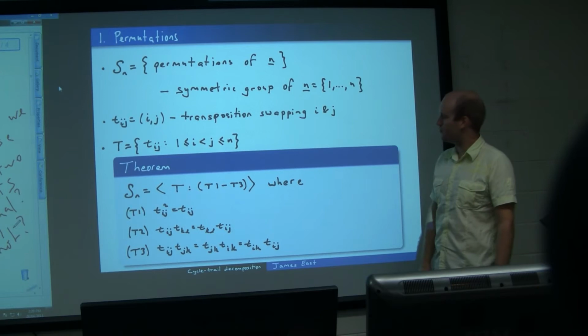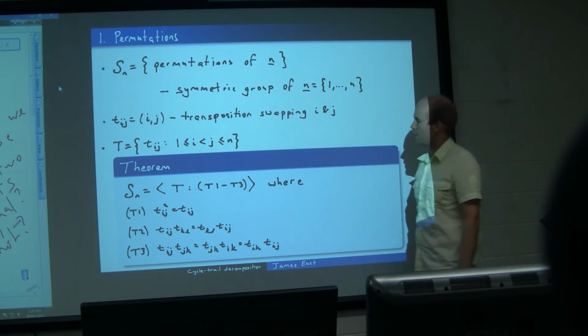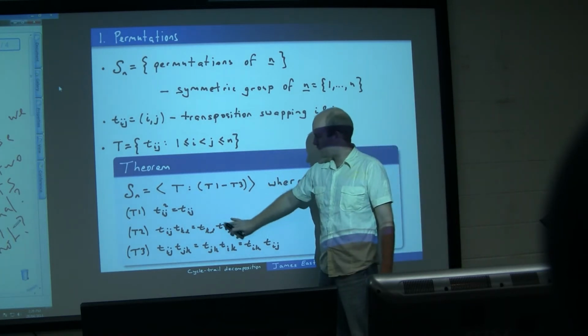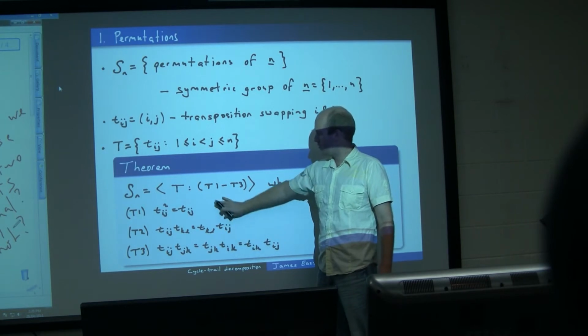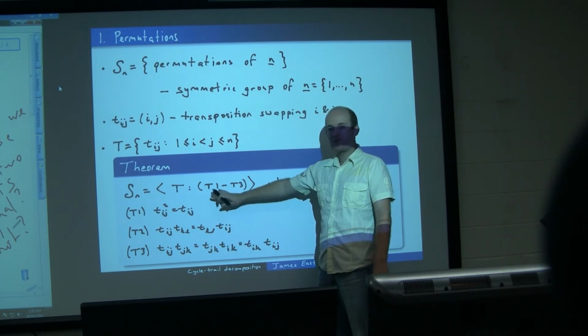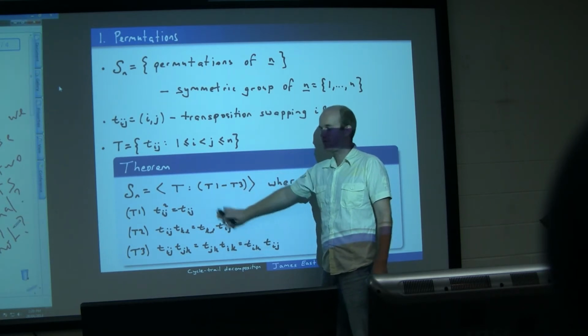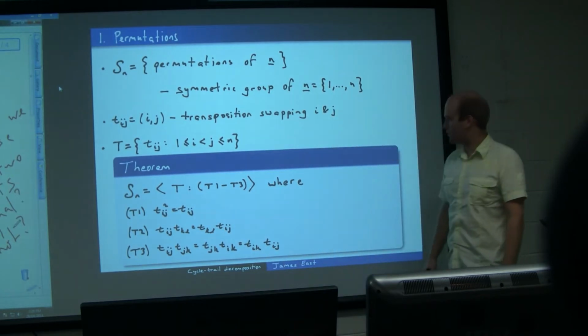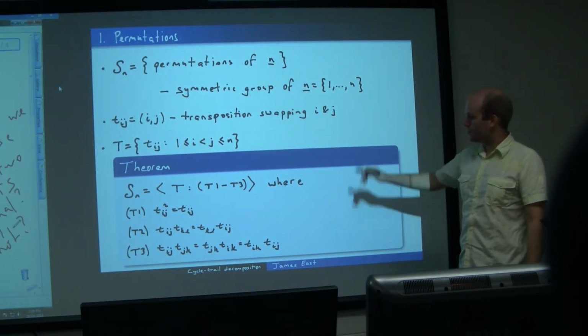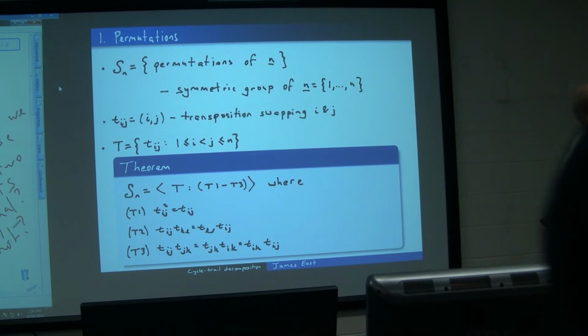Everything from Sn can be written as a product of these things. And I've written down three families of equations, and the claim is that any equation that happens to be satisfied between these Tij's is somehow a consequence of these relations here. So let me just take a minute to talk about what those relations are, what they mean.